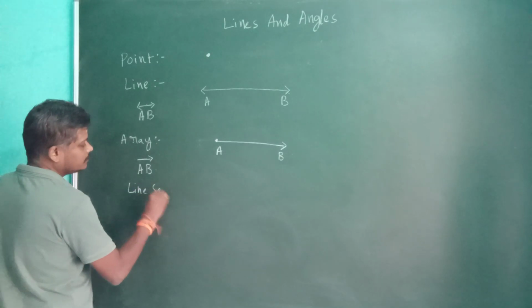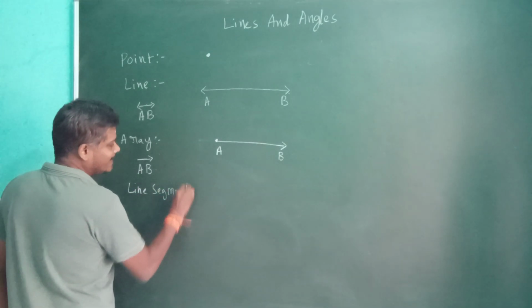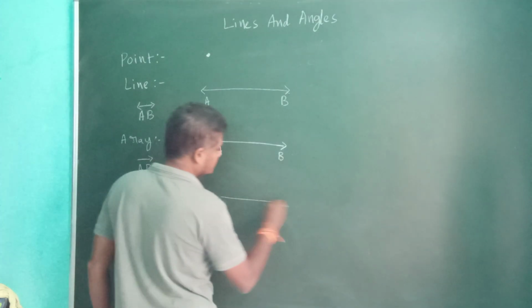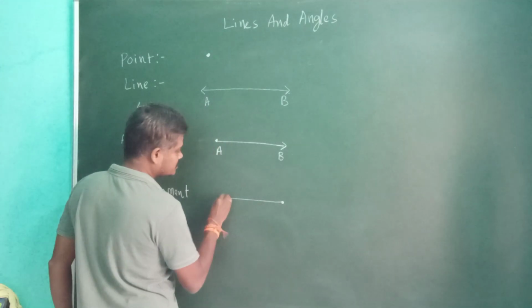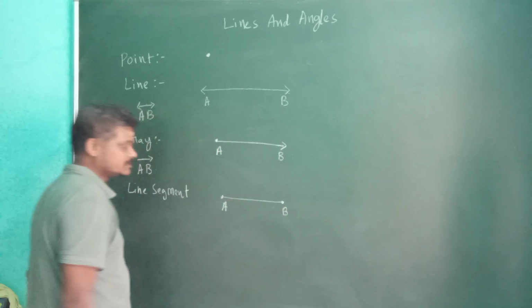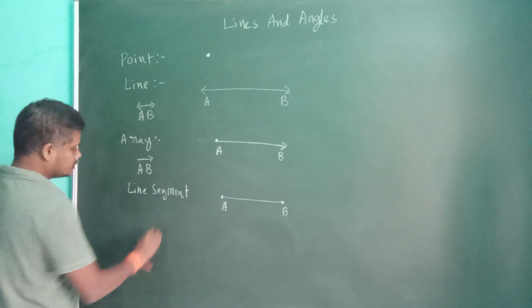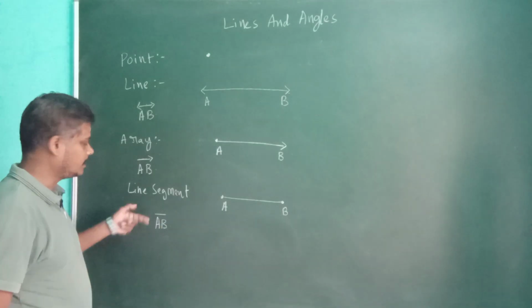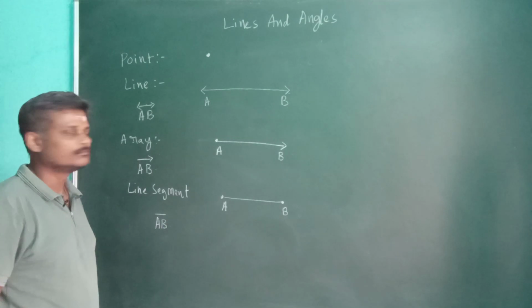Line segment. A line segment is also part of a line with two end points. This is one point, this is another point. These two are end points. It is represented by this symbol AB and a line on AB.